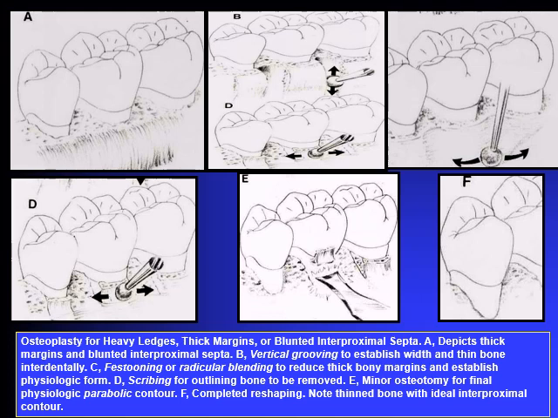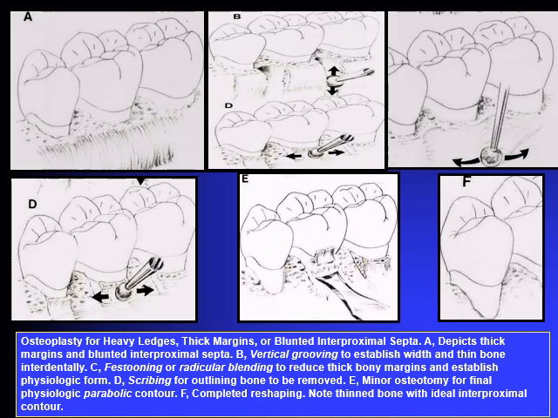We can't leave it as a shelf-like configuration, so we scribe the bone or outline the bone to be removed, and with a chisel we remove this bone. And in figure F, this is the complete reshaping technique.